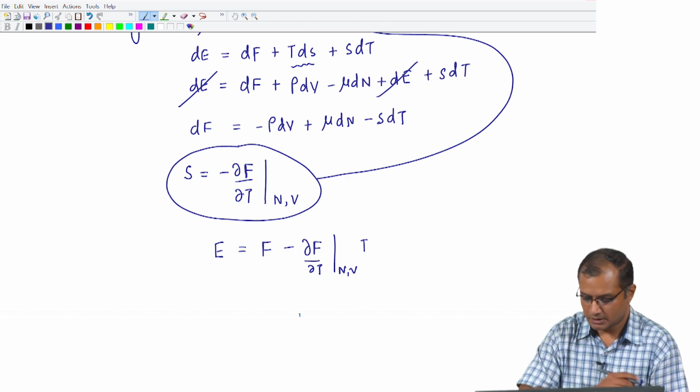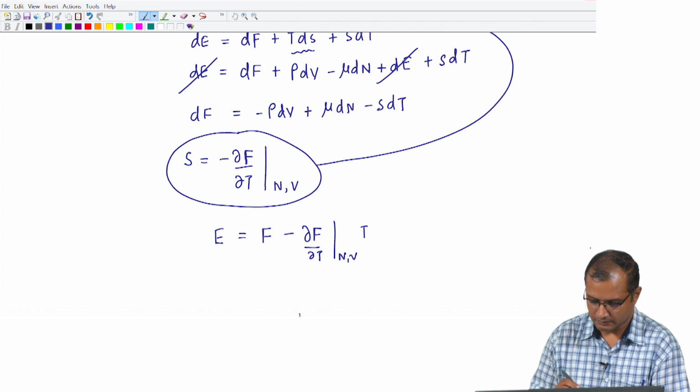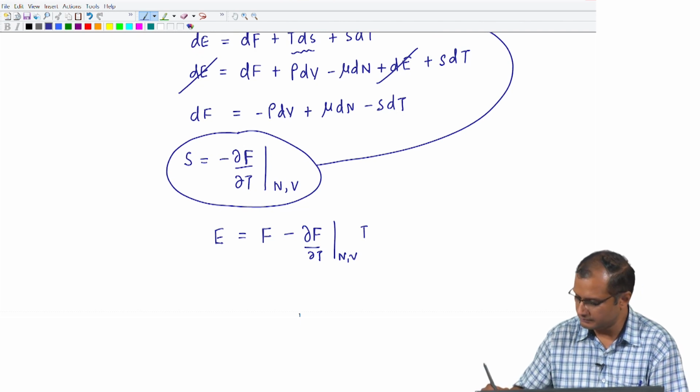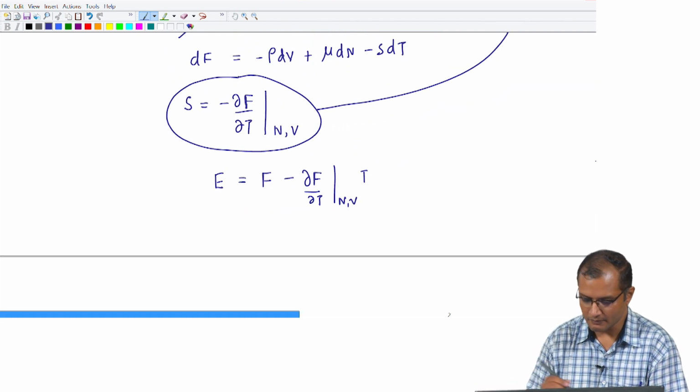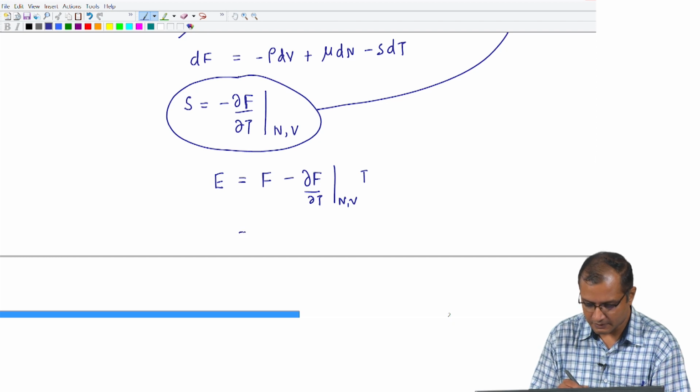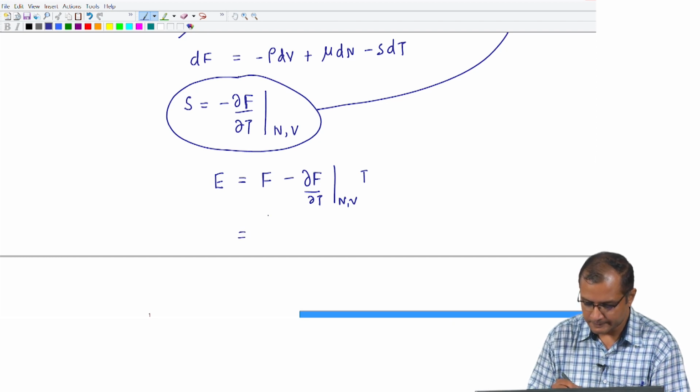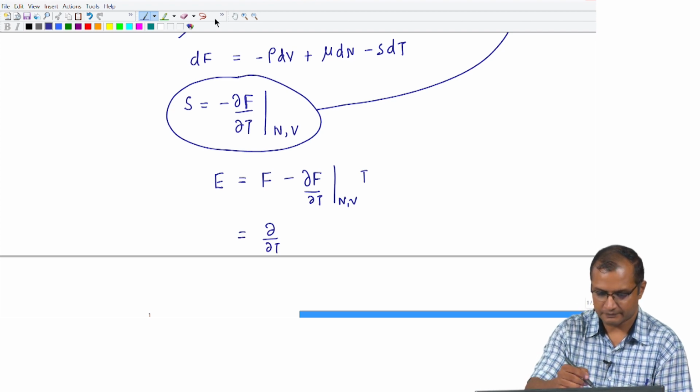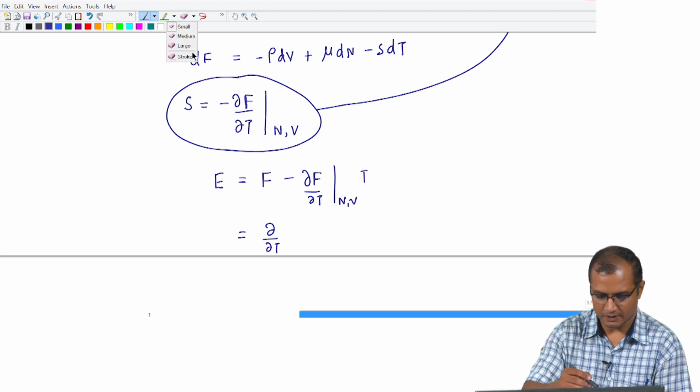into temperature T. Fine. So, I can write this also by taking a temperature derivative.